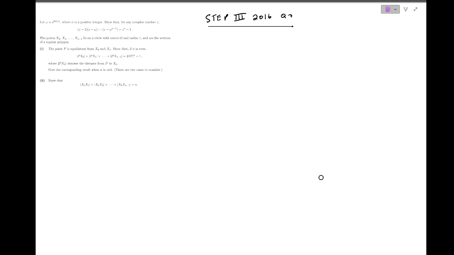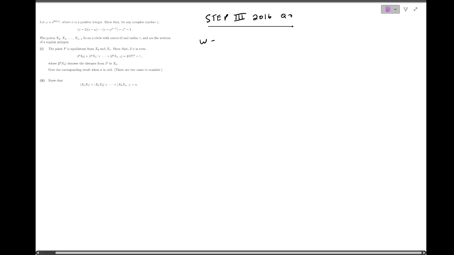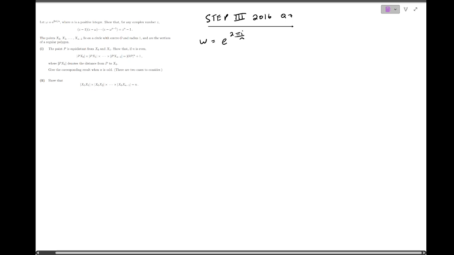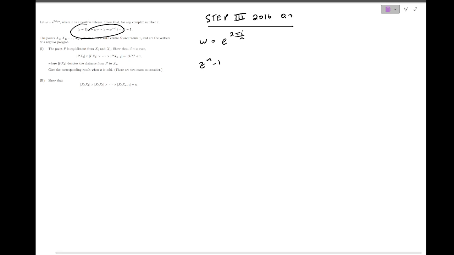But yeah, okay. We have omega, which is a root of unity essentially, because it's e to the 2 pi i over n, and we want to show that z to the n minus 1 can be factorized into this thing here. For something to be factorized, we need to find its roots.